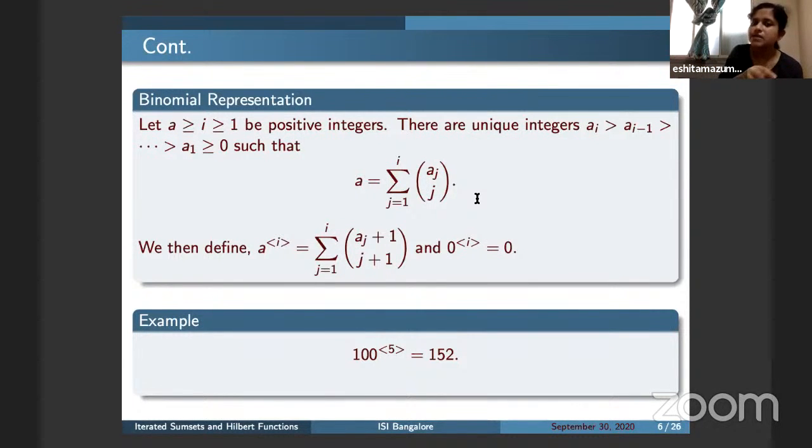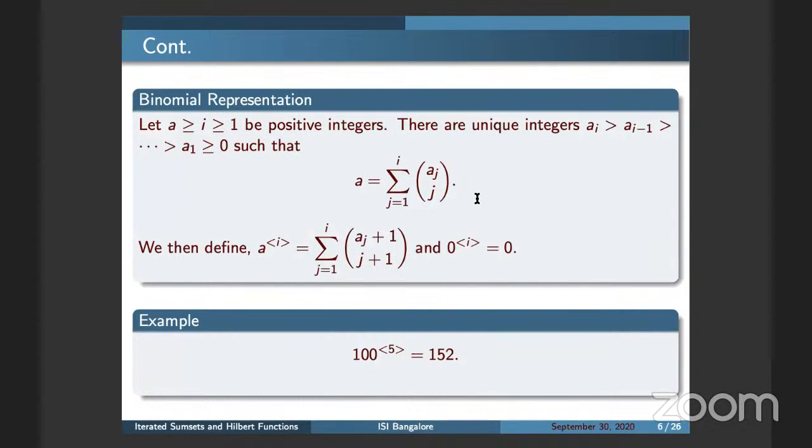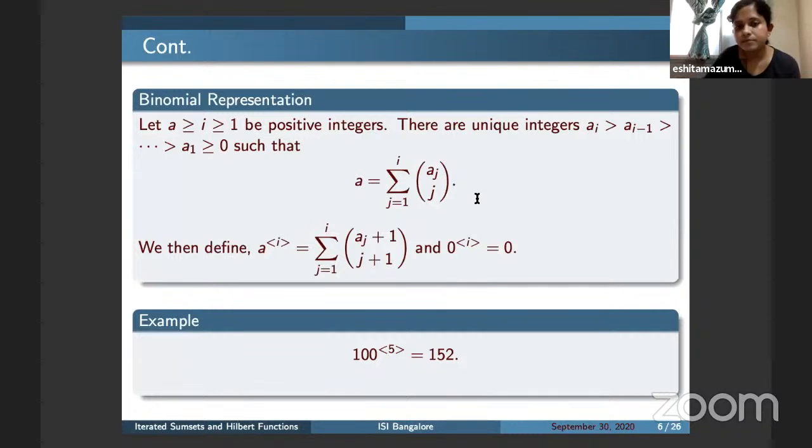Let's call it b. You will again do the process for binomial coefficient 2. You go for the largest value y so that b minus binomial coefficient y choose 2 is greater than or equal to 0. You will do that process again and again.